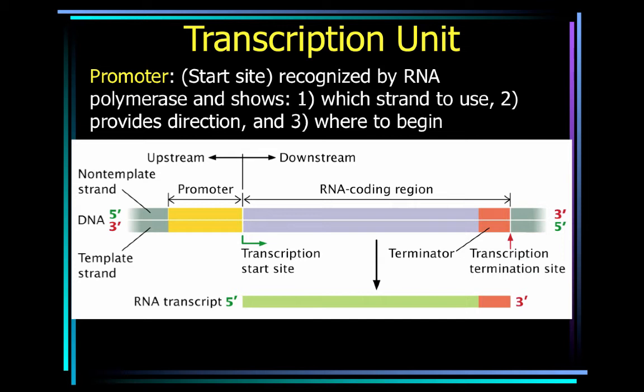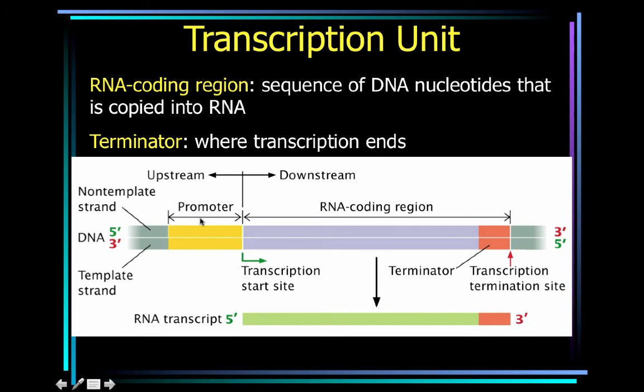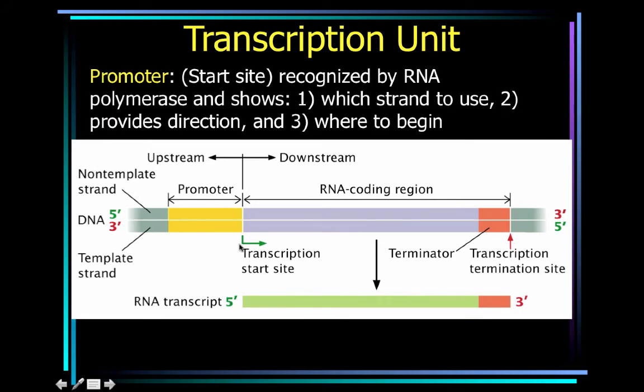It's also going to show which strand is going to be used as the template strand, and it provides a direction in which RNA polymerase is going to move to synthesize the messenger RNA. At the end of the promoter region, it's going to end with the start site, and that is going to show RNA polymerase where to begin synthesizing the messenger RNA strand.